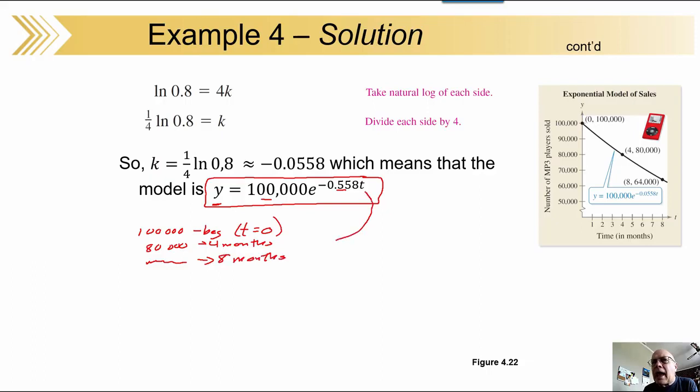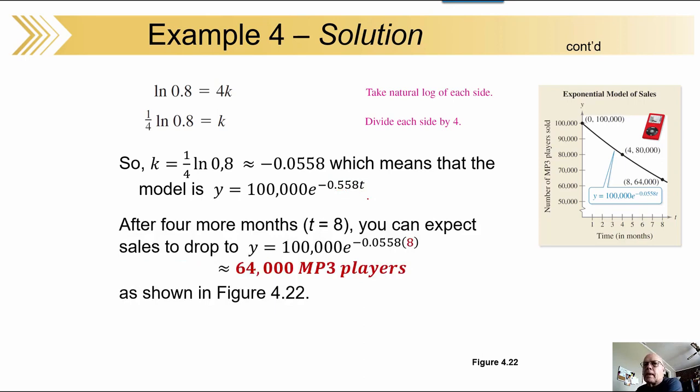So we'll put the 8 in for t, and get our answer. After 4 more months, we'll be selling 64,000 MP3 players. That sounds pretty good, but not very good compared to the 100,000 that we were selling with advertising.